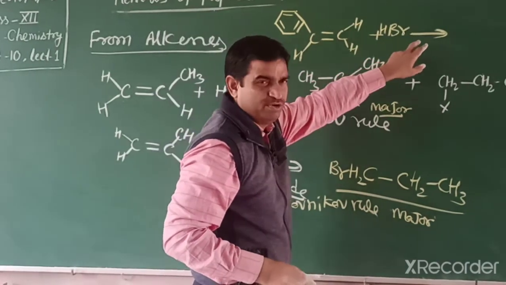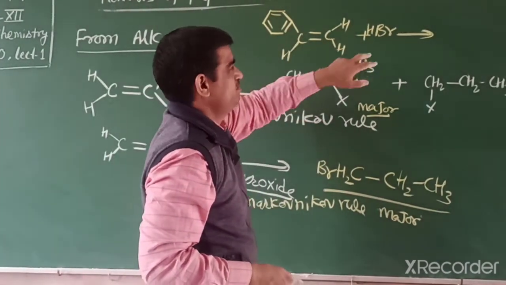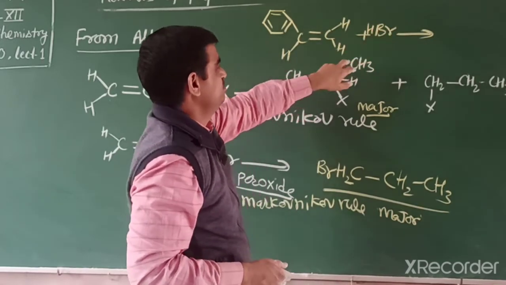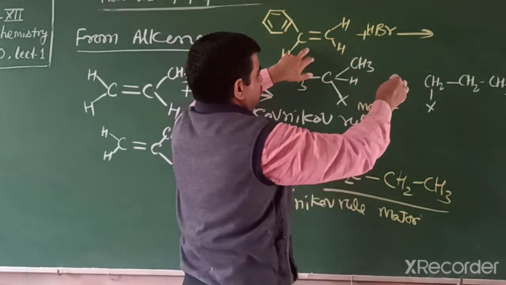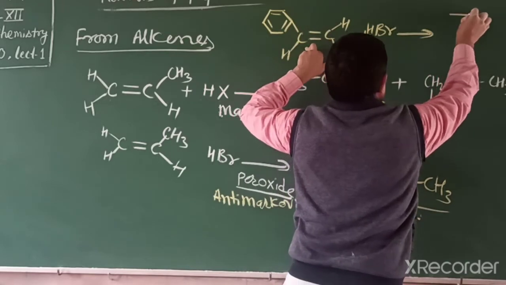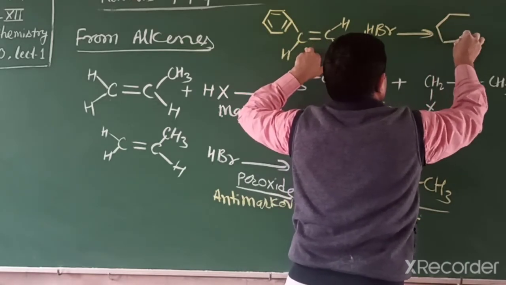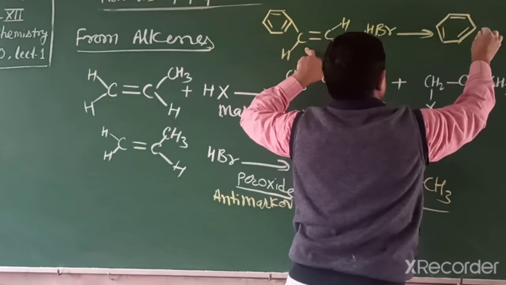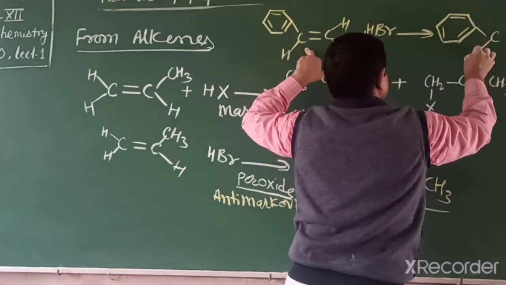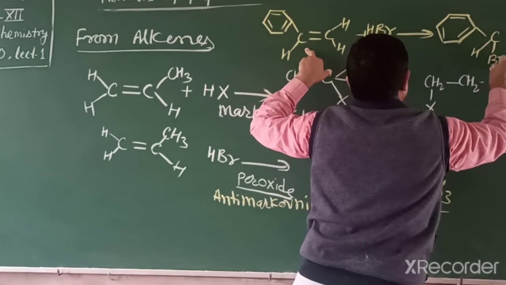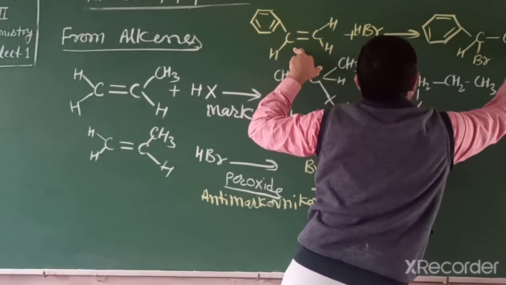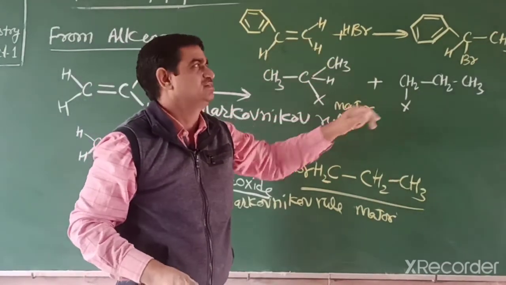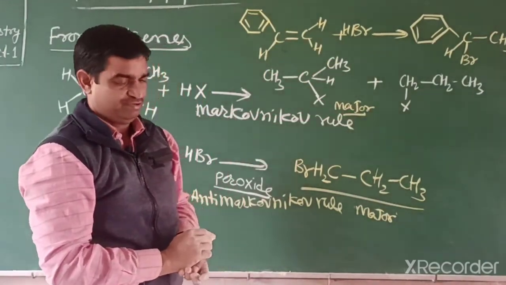There is no peroxide written. Then where will the bromine add? Bromine attaches to that carbon having lesser hydrogen. So students, we get the major product like this. If peroxide is written, then we get the opposite, anti-Markovnikov rule.